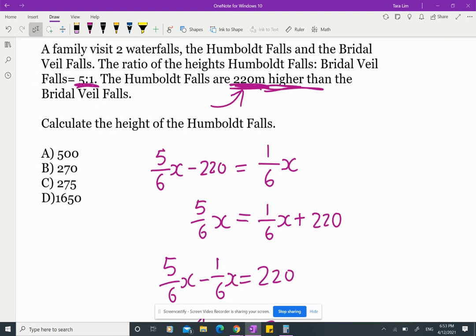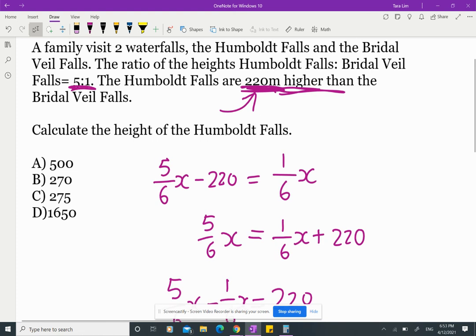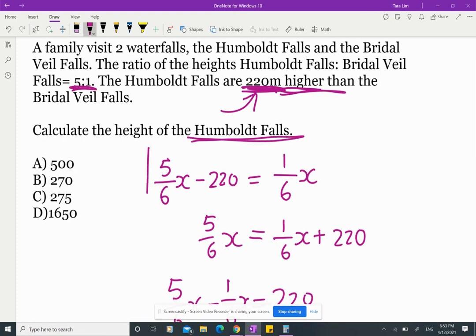So now we know that x is 330. Remember, the answer is not 330. We want to calculate the height of Humboldt Falls. So the Humboldt Falls is 5 over 6x.